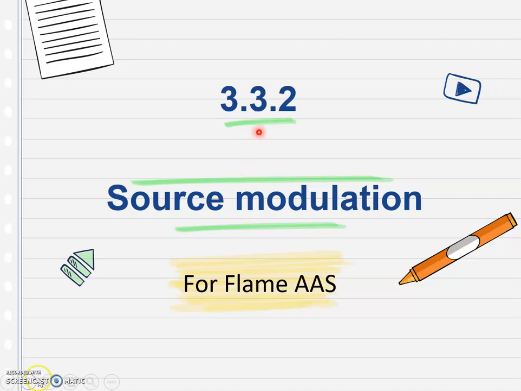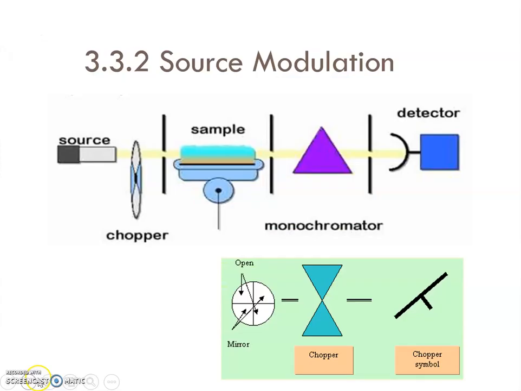Bismillahirrahmanirrahim. We continue our lesson, CHM260, with subtopic 3.3, Instrumentation for Flame AAS. For subtopic 3.3.2, we will look at source modulation.